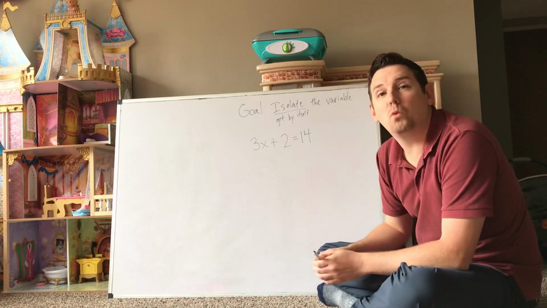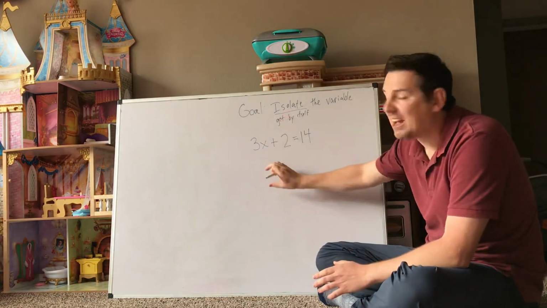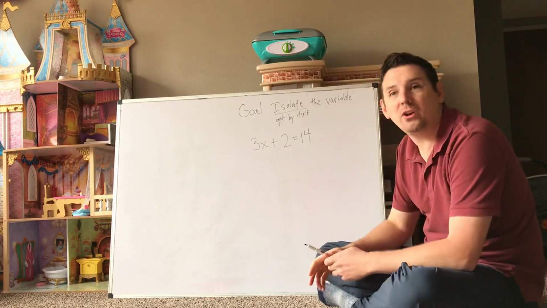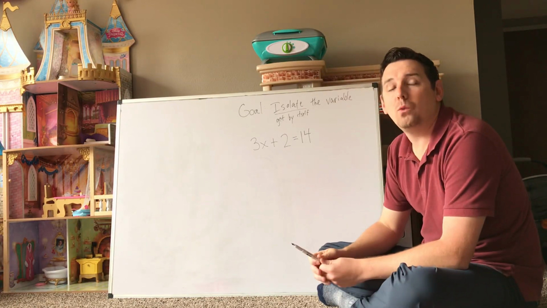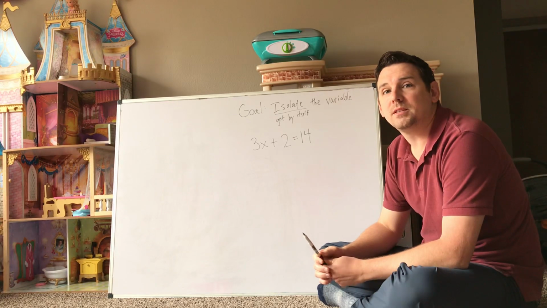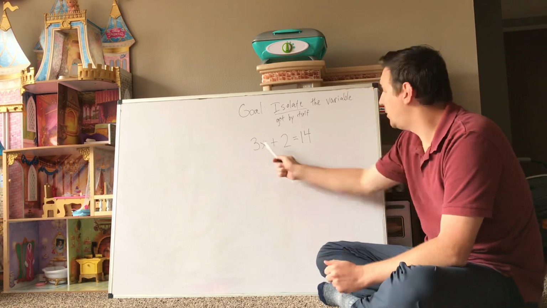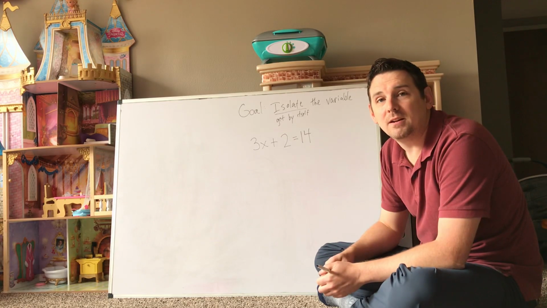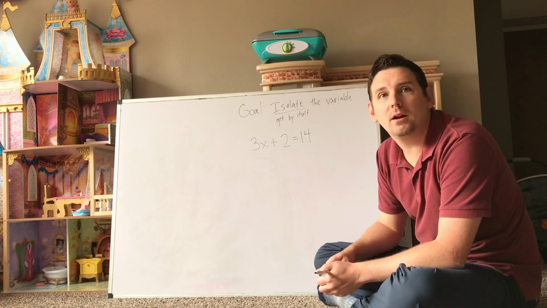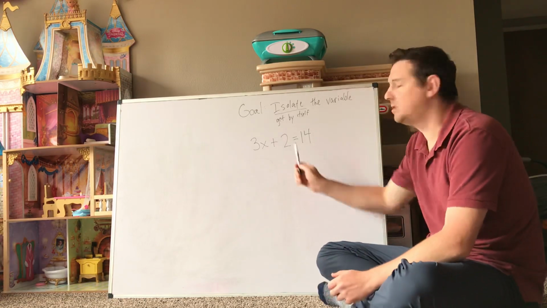The question is what's in the way of it just having x equals blank? We want to know what x equals so that this is true. So what's in the way? Yes, Nathan. The 3 is in the way. What else is in the way? Ivana? Yes, the plus 2 is in the way.